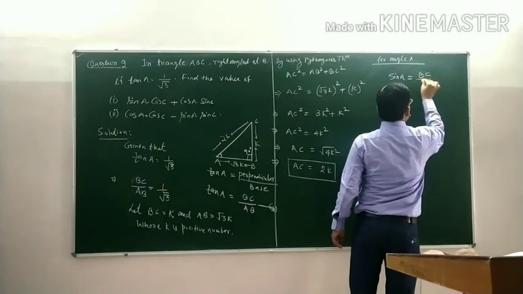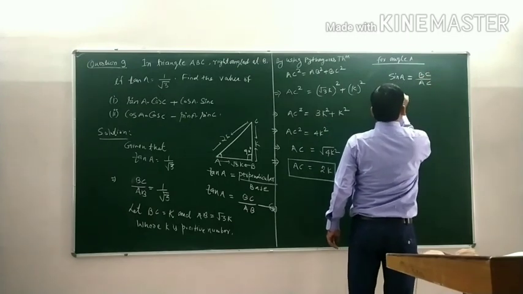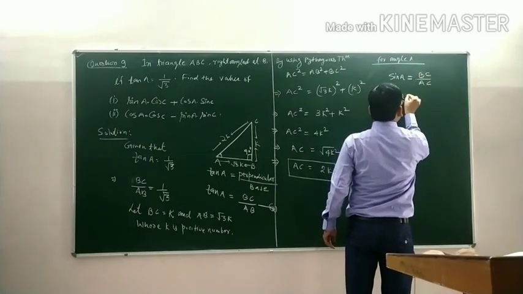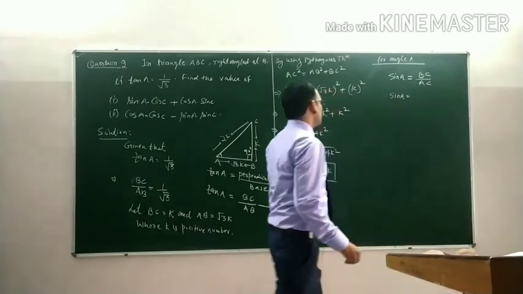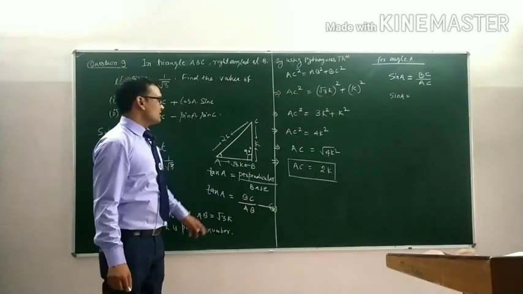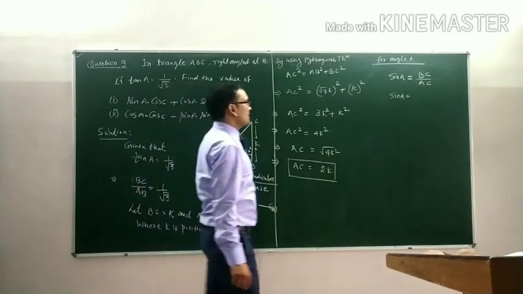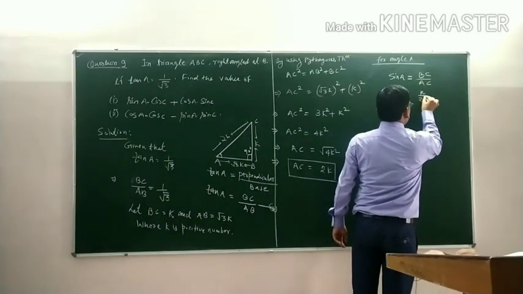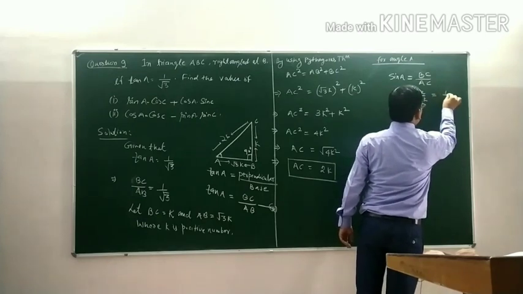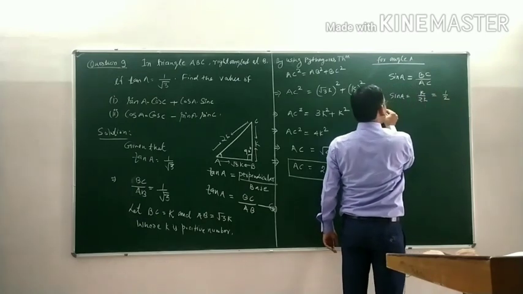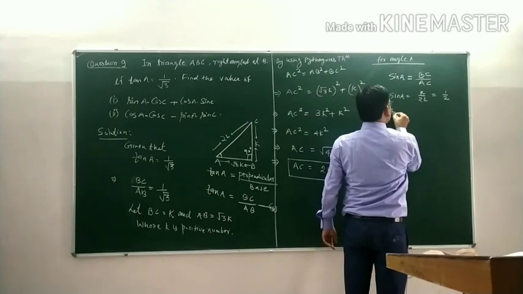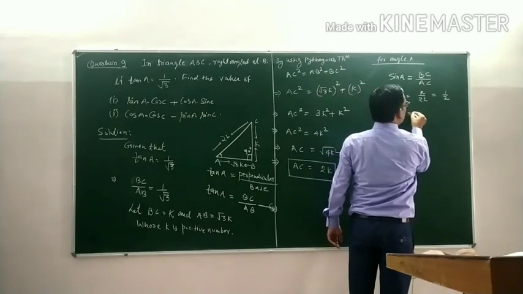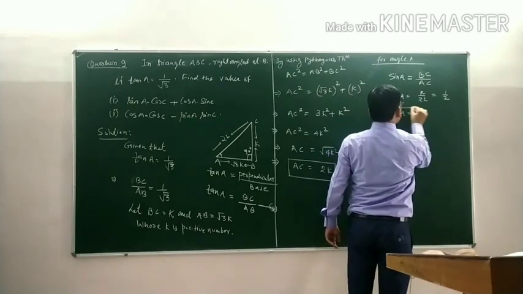The value of BC is K and the value of AC is 2K, K upon 2K. This equal to 1 by 2. Therefore, sin A equal to 1 by 2.